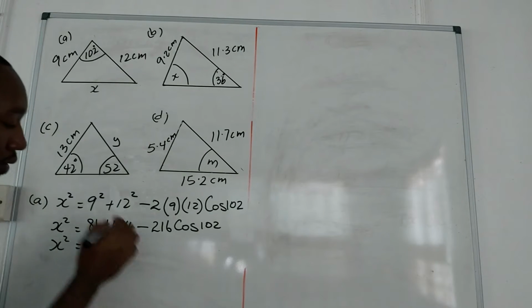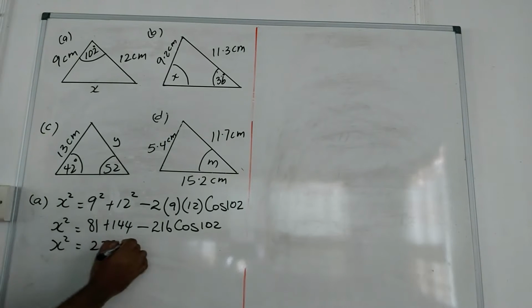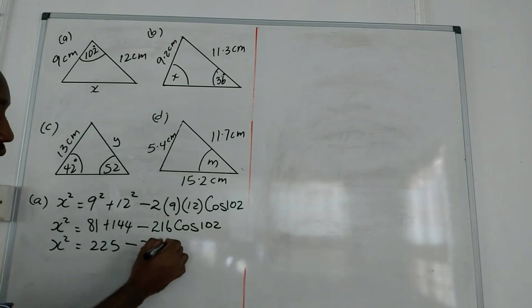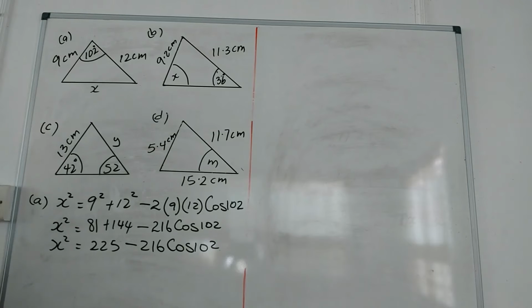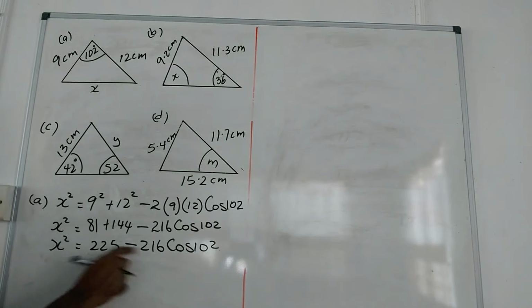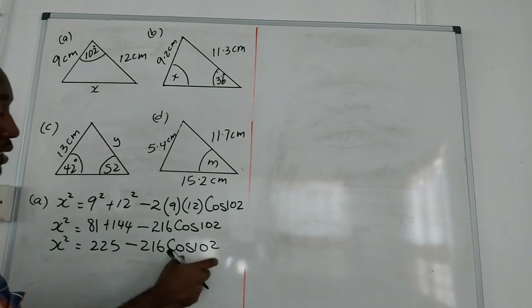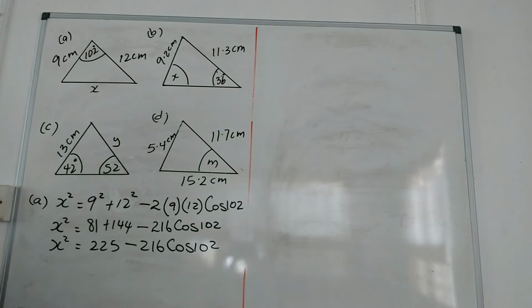And now again minus 216 cos 102. Now be careful here. Remember we said in our last class, do not subtract these two. Multiply first and then subtract.